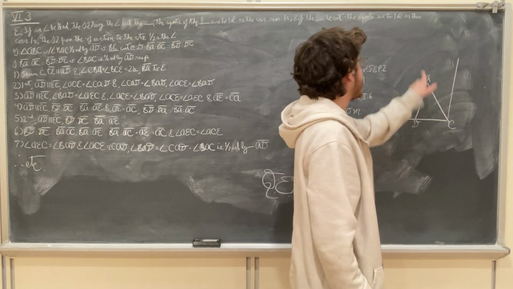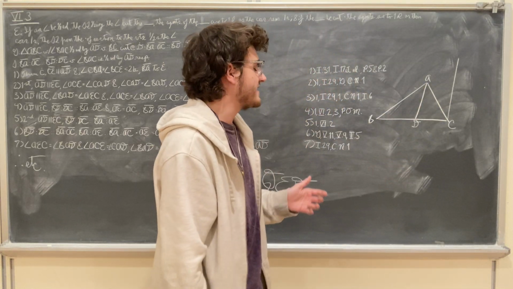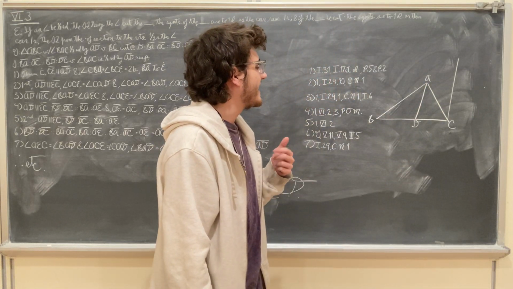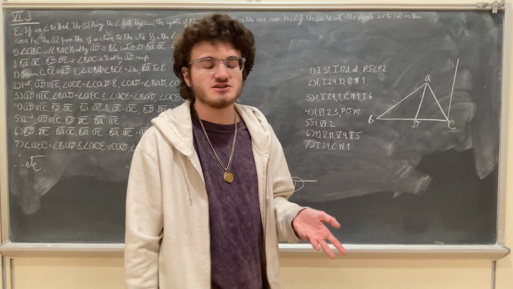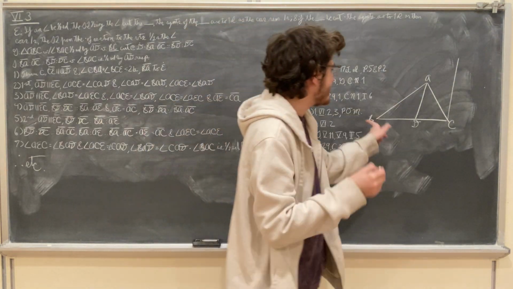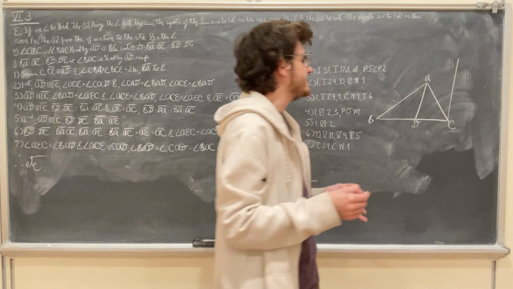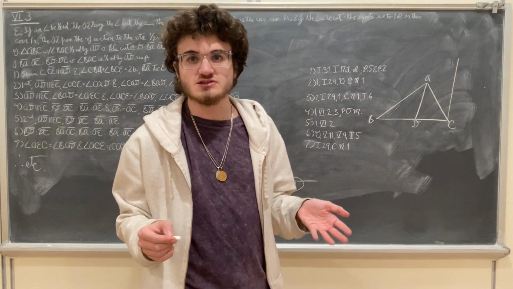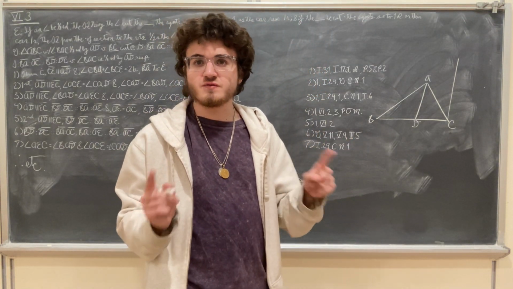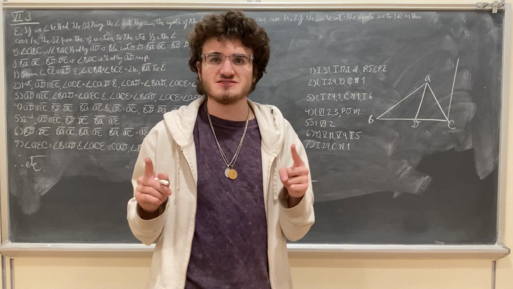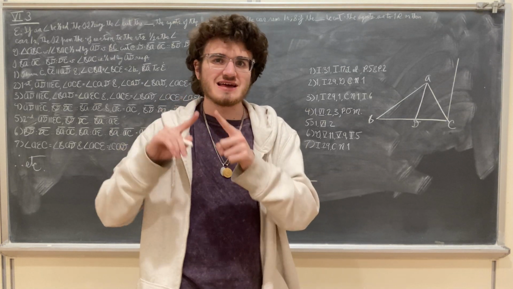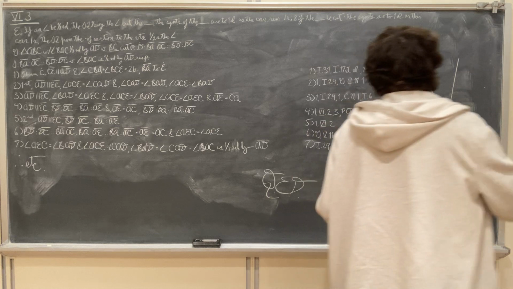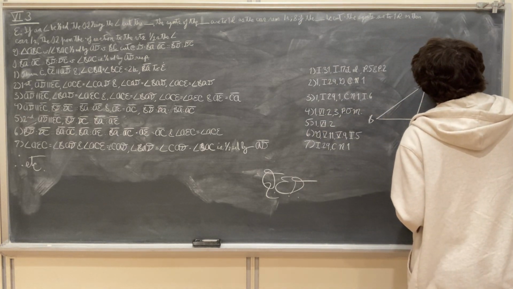So because EC is parallel to AD, the corresponding angles ECD and ADB are going to be equal to each other, which means that the angle ABD plus the angle ECD is also going to be less than two right angles, which means by postulate 5, if we produce these lines far enough out in that direction, they're going to meet. So we're going to produce BA to the point E.